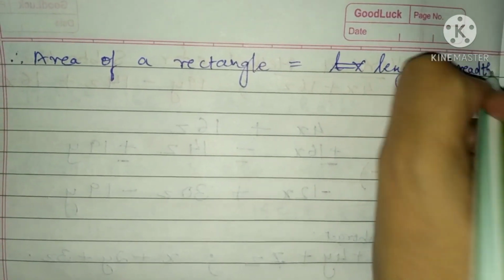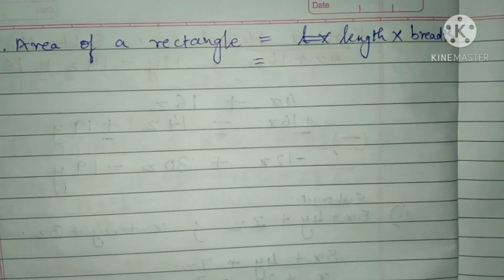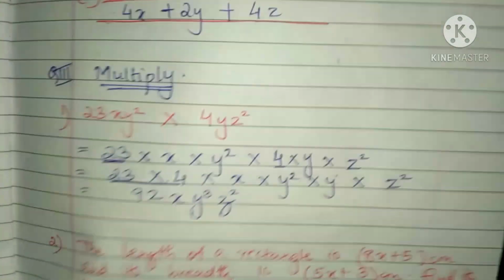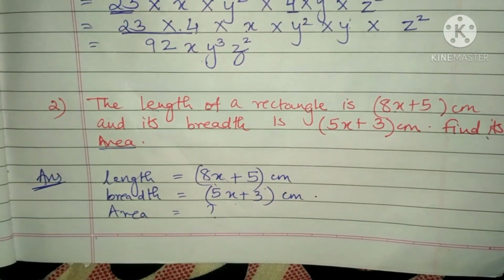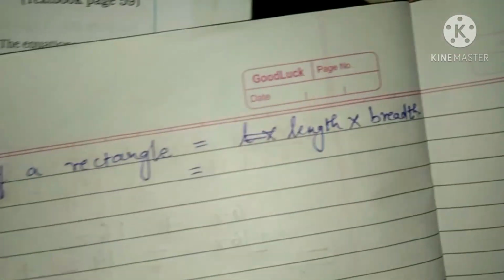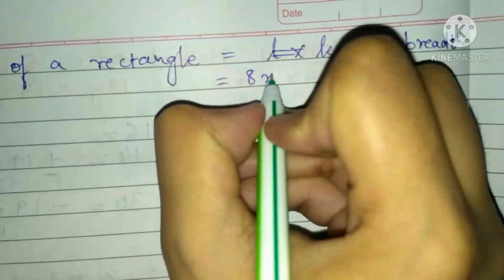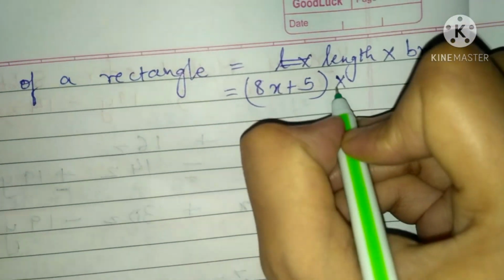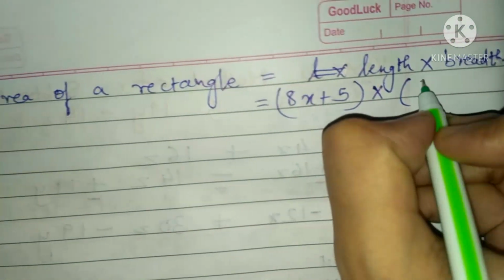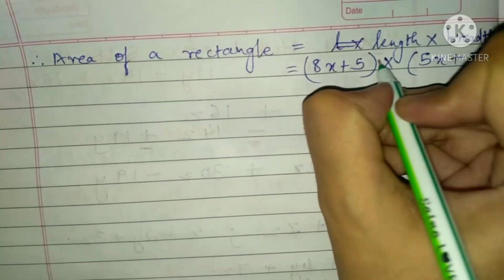Now see, length is how much? Length they have given as 8x plus 5 centimeter and breadth given as 5x plus 3. So just write there below: length 8x plus 5 centimeter into breadth, 5x plus 3 centimeter.